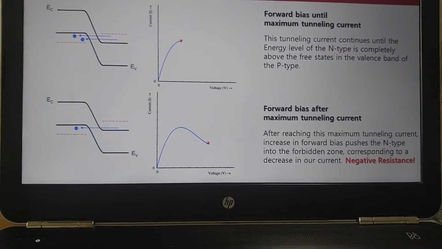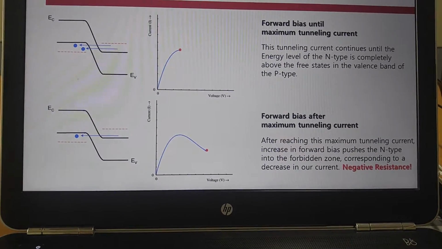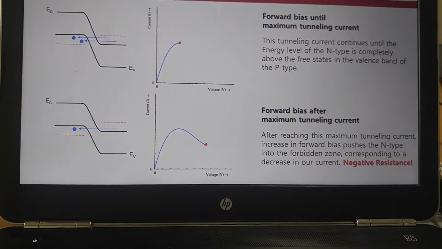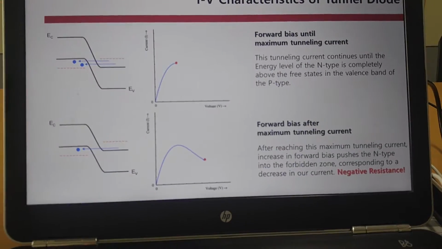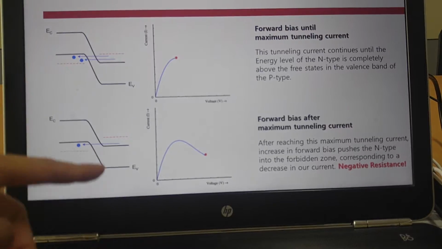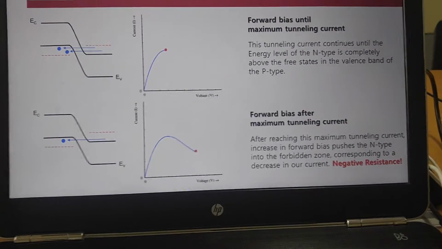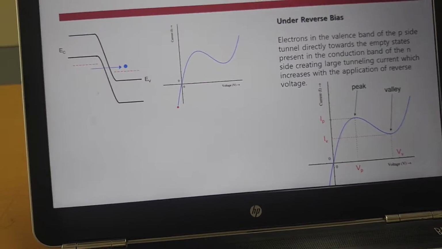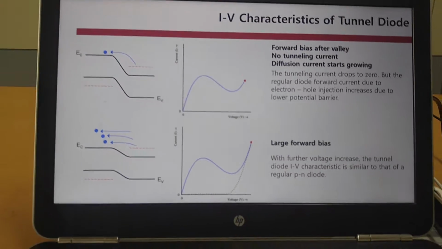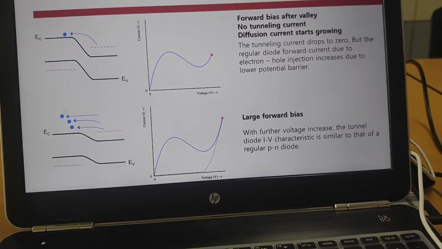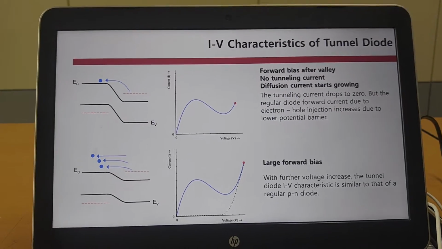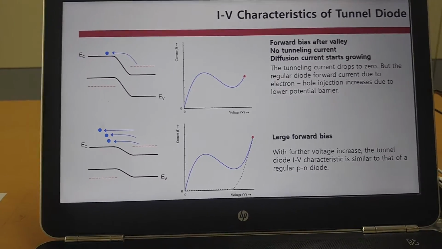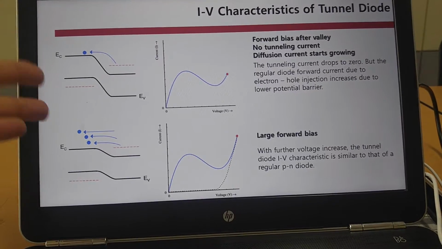What we have to know in this part is that there is still a tunneling current, but the amount is decreased compared to the previous state. If forward bias is given after the valley, there will be no tunneling current and diffusion current starts to grow.